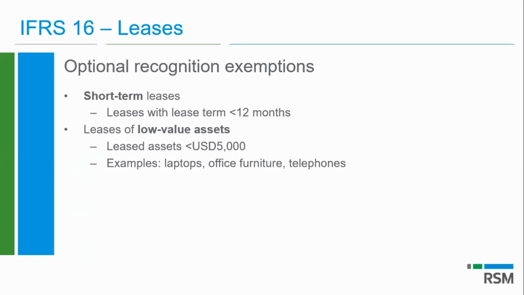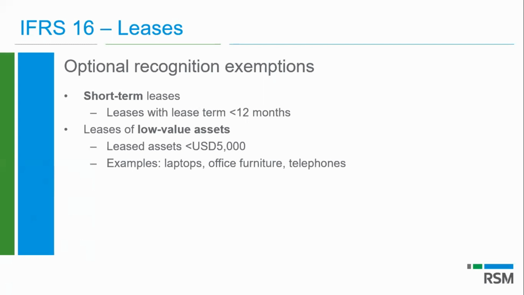For the first time ever in a standard, in the basis for conclusions of IFRS 16, the IASB has given us a guideline of what would qualify as a low-value asset, and they've used the amount of $5,000 US. In South Africa or anywhere else in the world, you would translate that at the exchange rate at the date of entering into the lease.